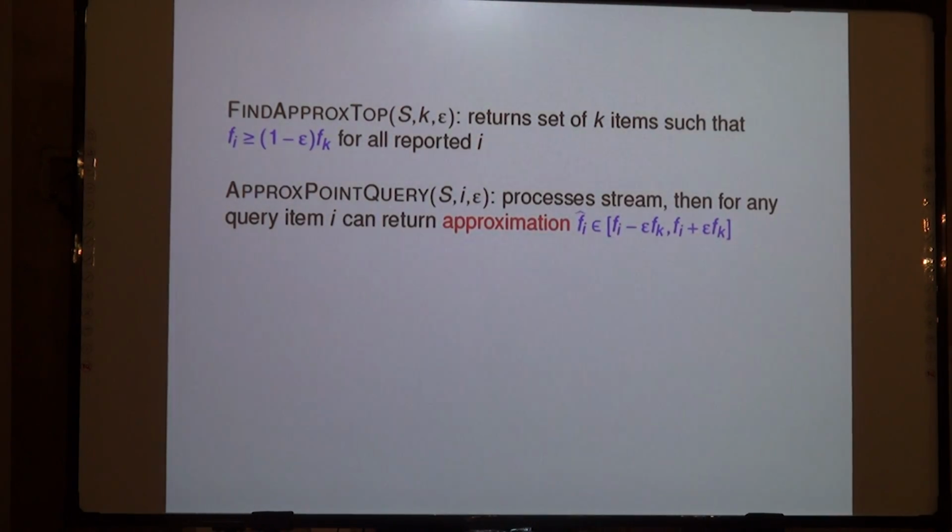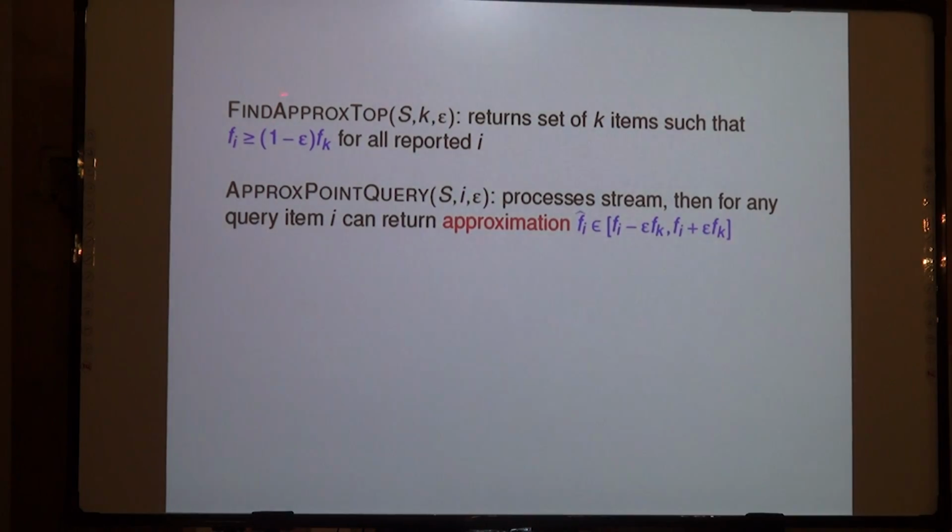Because of that, we will not solve the exact problem. We will solve an approximate problem, called find approximate top k. Now it has 3 parameters: the stream, the k, and a precision parameter epsilon. What we want is to return a set of k items such that the frequency of all the items that we report will be at least (1 minus epsilon) times fk, where fk is the frequency of the least frequent of the top k items.